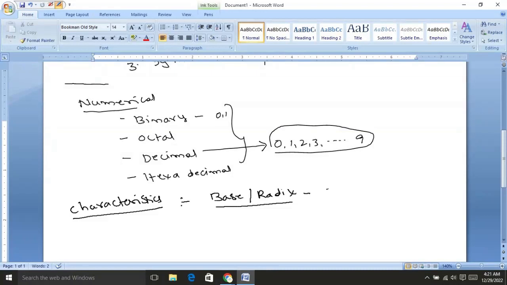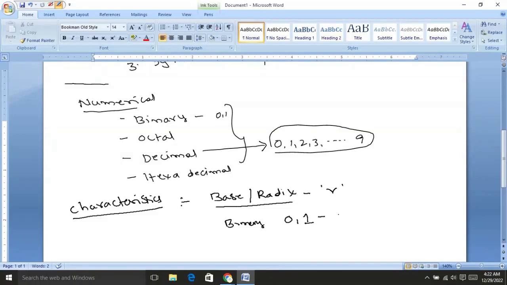This base or radix is represented with the small letter r, which represents the number of unique symbols used to represent a certain quantity. Let us consider the binary number system. It has only two symbols, not digits, 0 and 1, to represent a certain quantity.